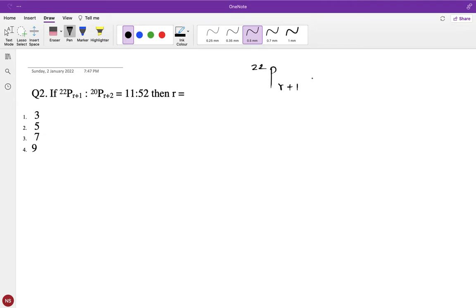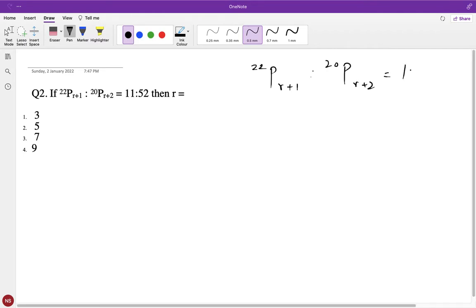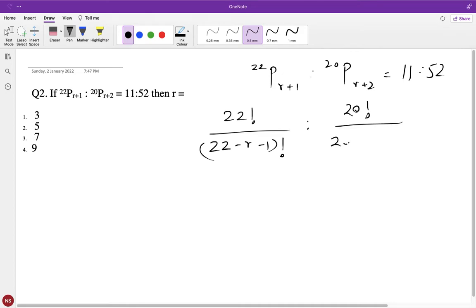22P r plus 1 is to 20P r plus 2 is 11 is to 52. What is r? So let us just use the formula. 22 factorial by 22 minus r minus 1 factorial is to 20 factorial divided by 20 minus r minus 2 factorial is equal to 11 is to 52.